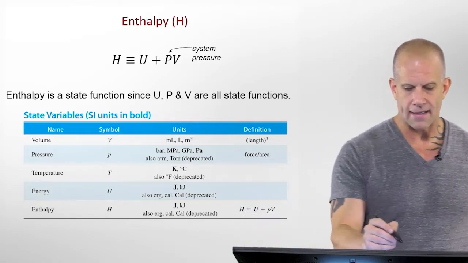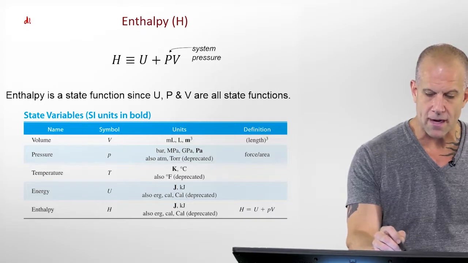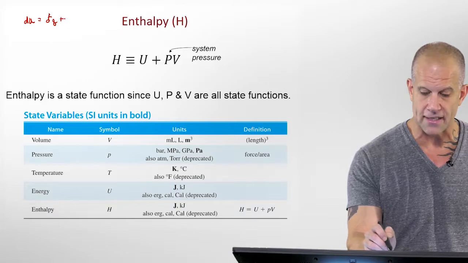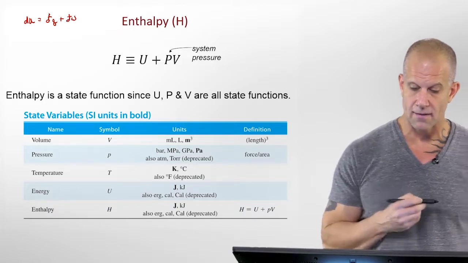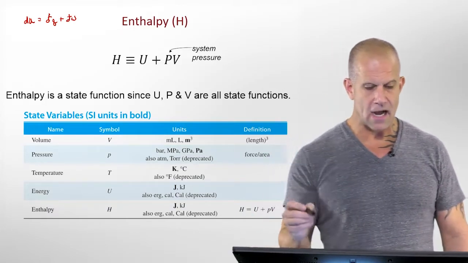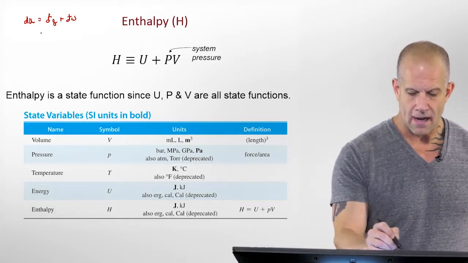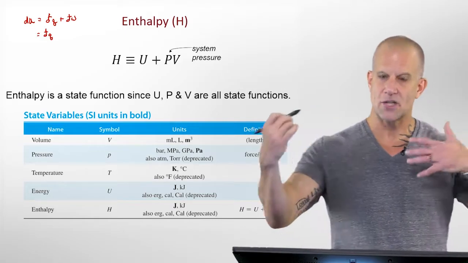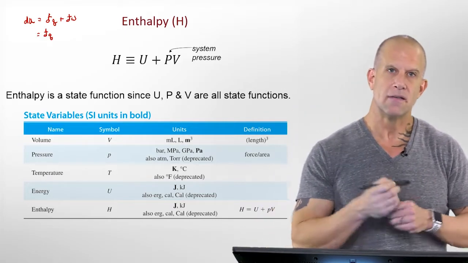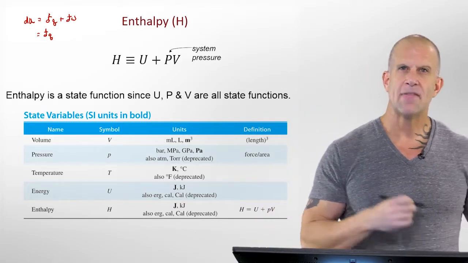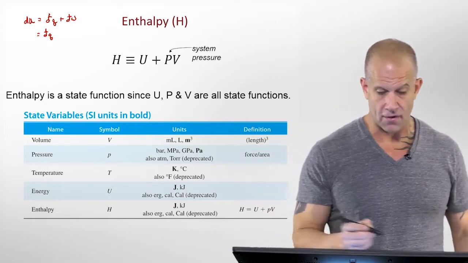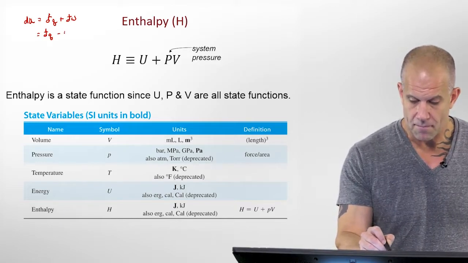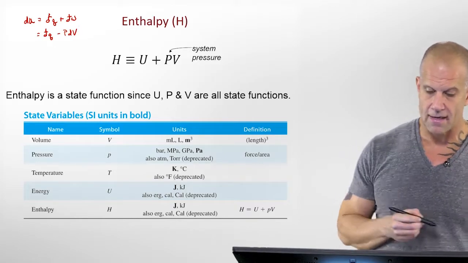And the way I like to introduce this is to say we wrote down what the first law is. It's the change in internal energy is the change in heat plus the change in work, right? And what are these? Well, the change in heat, if we say that we're not changing the number of moles, so it's a closed system, and that we only have pressure-volume work in this case, so it's minus PdV, right?